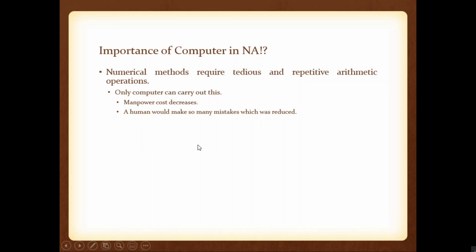Okay, and the third one is, if you are trying to solve the function manually, definitely we can expect some mistakes, blunders, etc. Instead of putting a minus sign, in some situation we may put a positive sign. So definitely the answer will change. So we can avoid all these mistakes if we are using a computing mechanism.